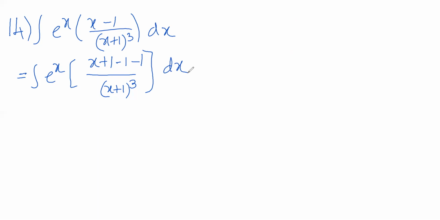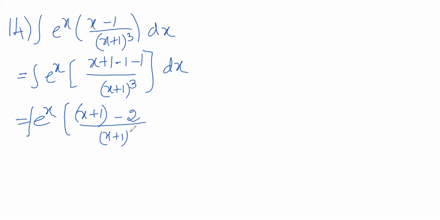Since this denominator is x plus 1, we make this also x plus 1, so we are adding plus 1. For compensation purpose, we are subtracting 1. So adding and subtracting 1, and here the minus 1. So integral e power x into (x plus 1, and minus 1 minus 1, that is minus 2) by (x plus 1) the whole cube into dx.